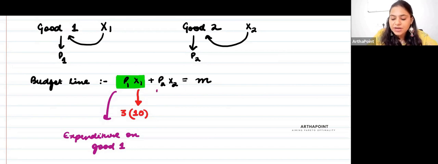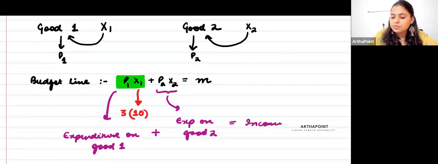Similarly, P2 X2 is going to tell me my expenditure on good 2. And my expenditure on good 1 plus on good 2 is going to give me the income of the consumer.